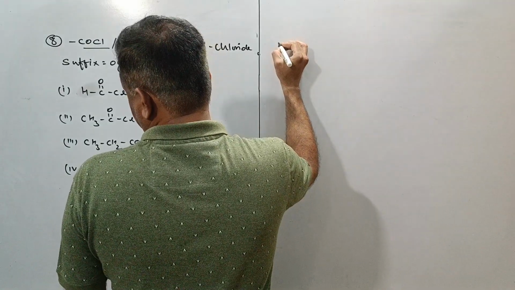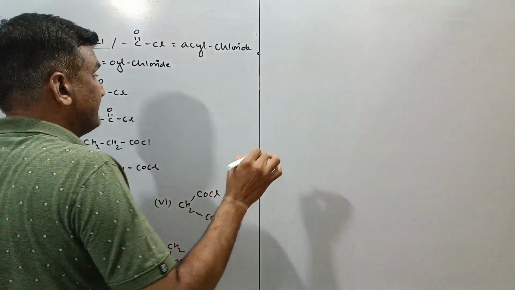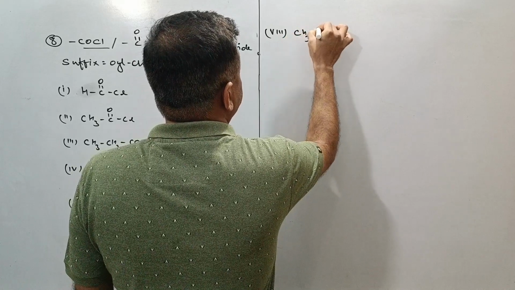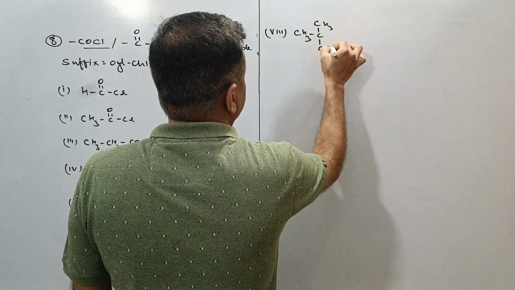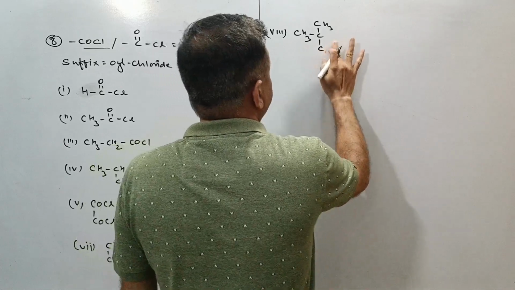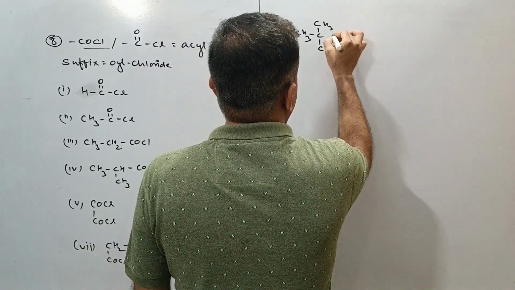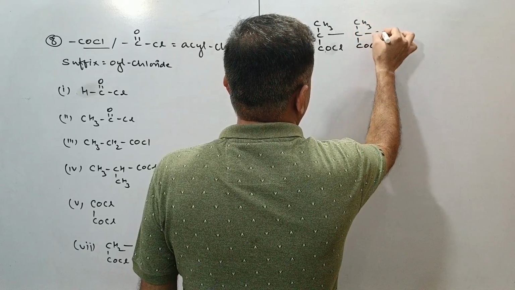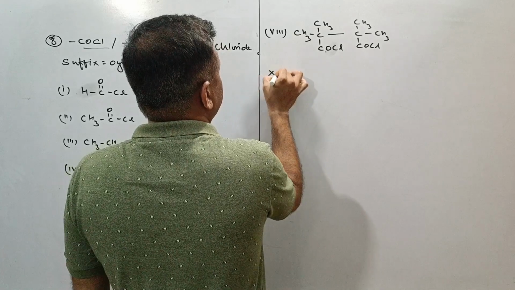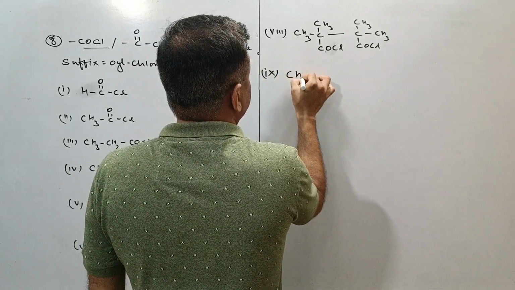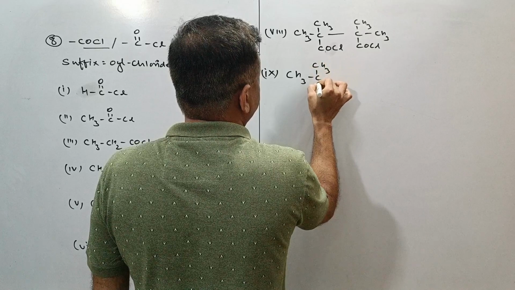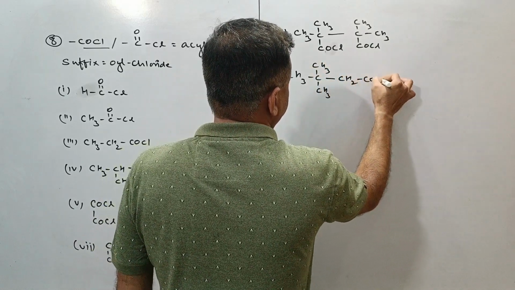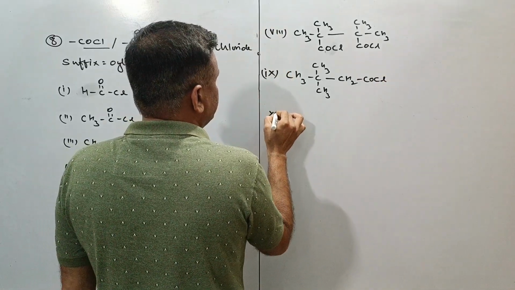This is the 7-8 functional group. This is your complex chain. This is your COCl, this is your CH3, COCl and CH3. Ninth compound, you can take CH3, CH2COCl. This is the 10th compound.